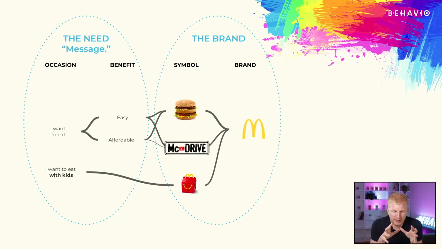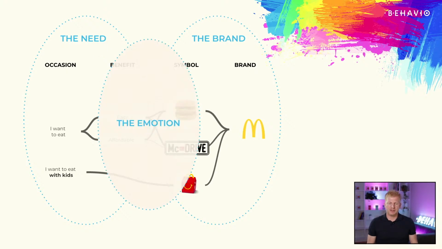Back to the brand memory network. You can see that the left part is the need and the brand, and we want to connect them together. So basically, the ad would work if you only showed people wanting to eat at McDonald's a little bit. But then there is emotion, and there's a lot of talk about emotion today in advertising, but it's a little bit misunderstood.